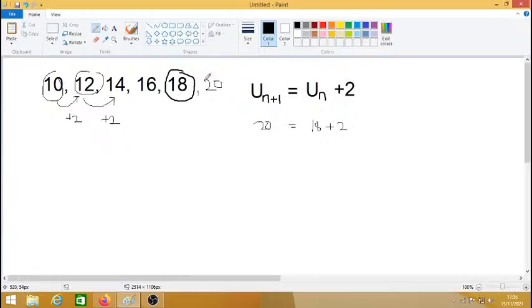But then we don't have to stop there. The beauty with this formula is that it'll allow us to go to the next number because we're just going to repeat. So now the 20, which was this answer, can feed into the formula again, and we can say, right, now we're at 20, so un is 20, and then we just follow the formula, add 2, and that tells us that the next number along in the sequence would be 22, and just keep going.